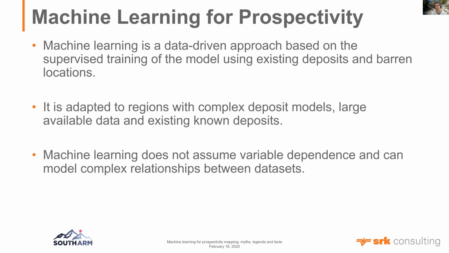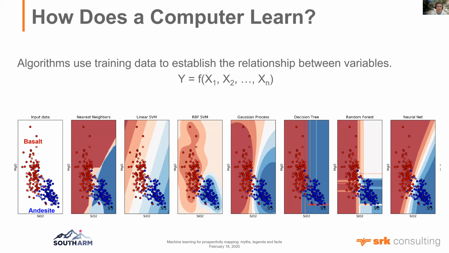So how does a computer learn? If you see the prospectivity mapping problem as an equation, it would be this one: y = f(x's). Our x's are our input predictor maps, and y is the location of deposits. You need to find a function that takes these maps and translates them into the location of your deposits, basically.